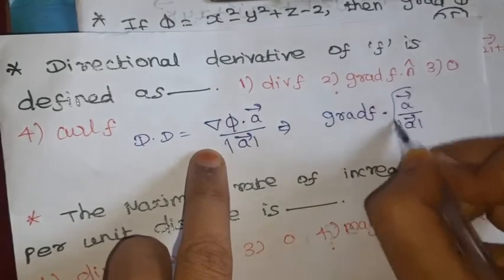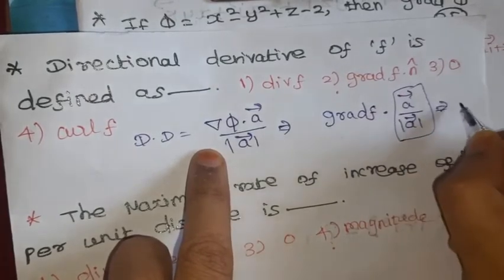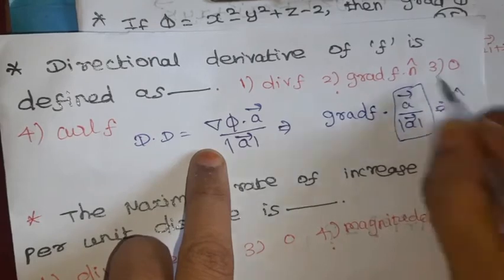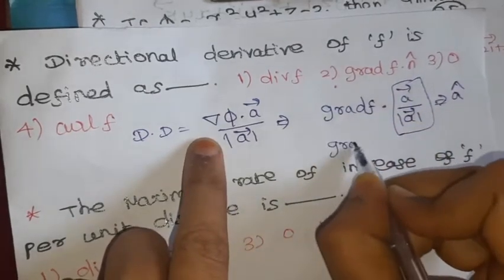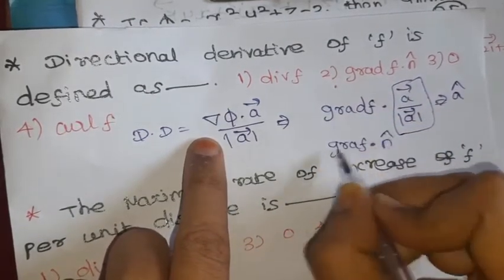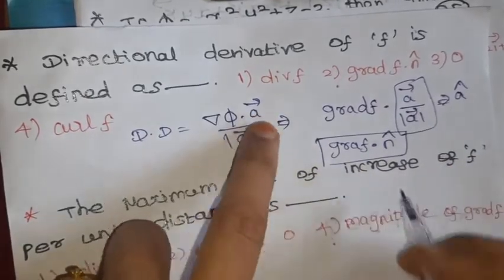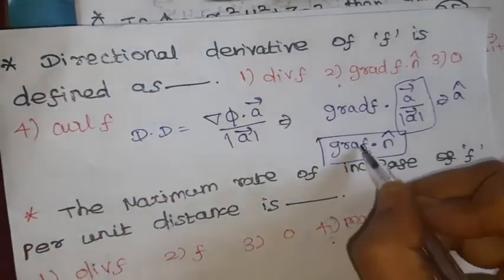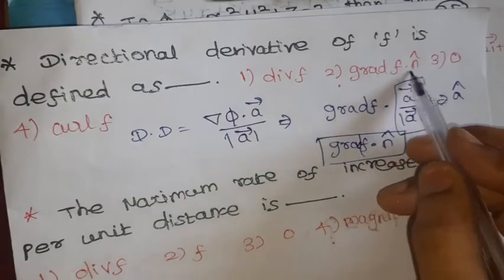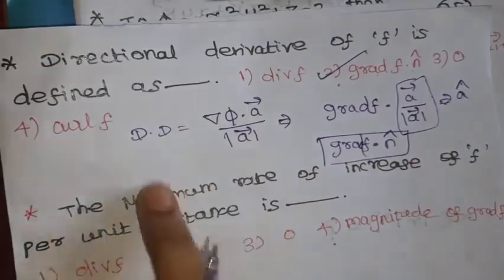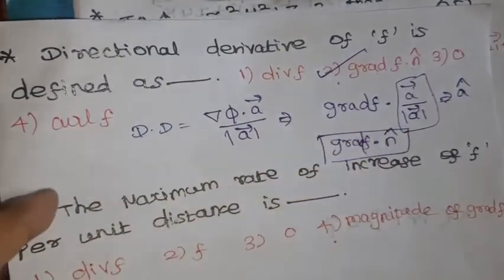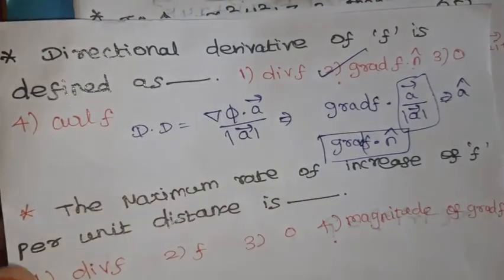The vector a by its modulus can be written as a cap. Here it is given as grad f dot n cap, the unit normal. So directional derivative is nothing but grad f dot n cap.